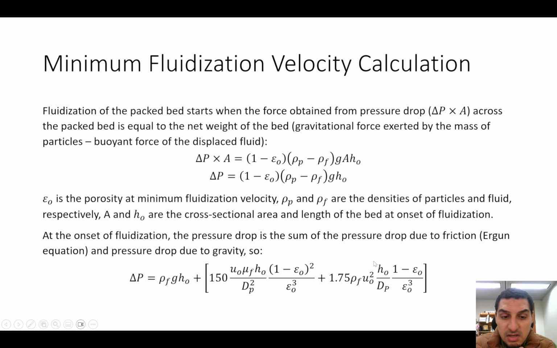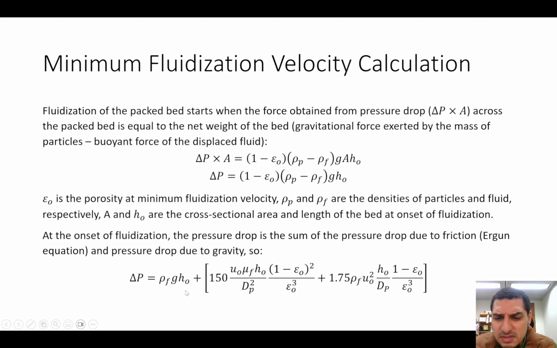And this is the pressure drop due to gravity, which is rho fluid g H node, or you can think of it as the delta Z term in the Bernoulli equation, which is the head, because the flow is going from down to up, so there is a force downward, which is rho g H node. Okay, so this is the left hand side of the equation.